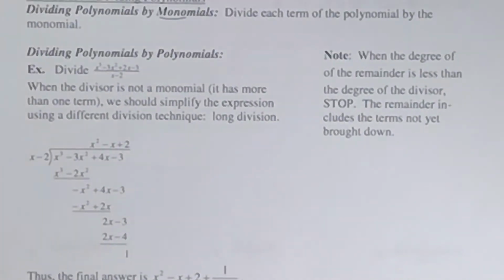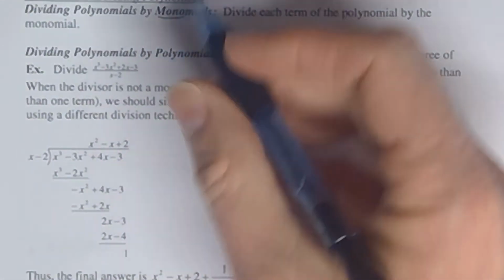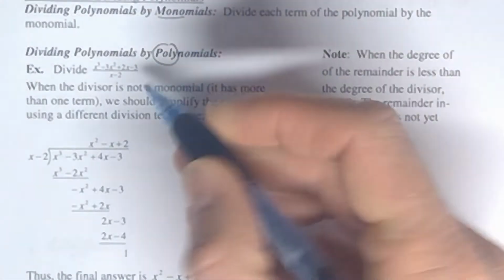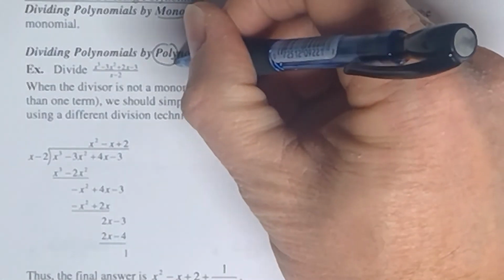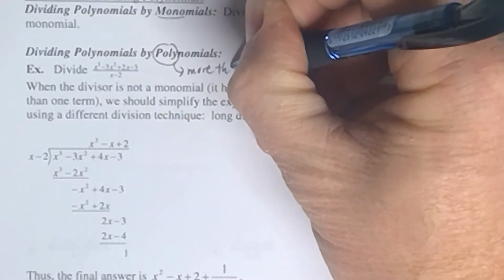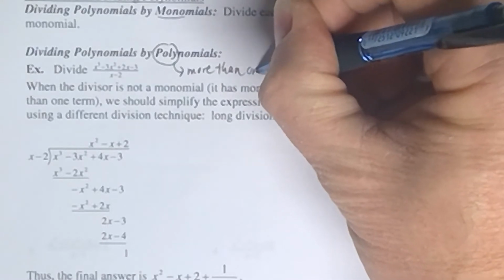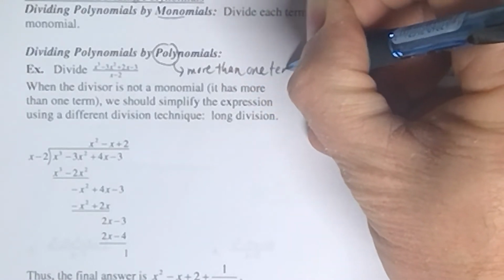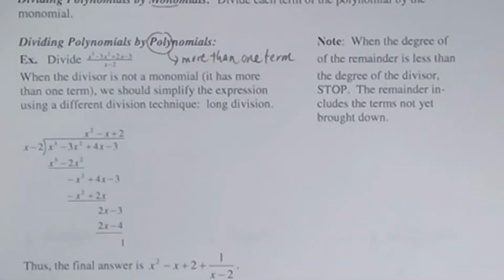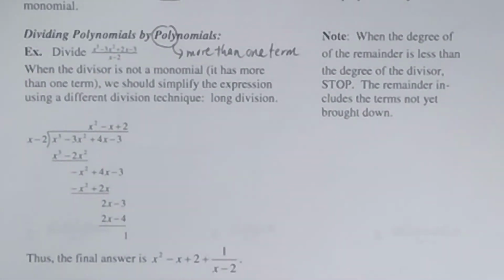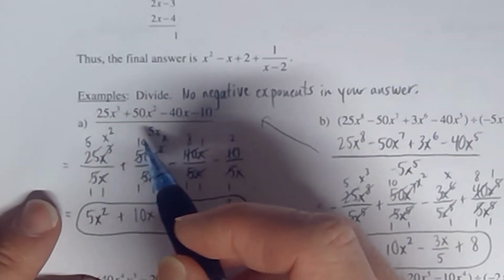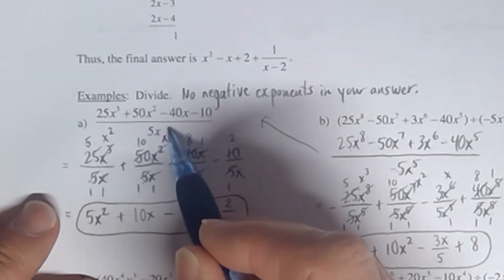Okay, so going back up here to the top of the page, a reminder, when we do the long division right here, that is when we are dividing by what? More than 1 term, and in particular on the back side of the worksheet, it's going to be when we divide by 2 terms. You cannot do what we just did when you're dividing by 2 terms, because let's say, for example, I had two terms down here.